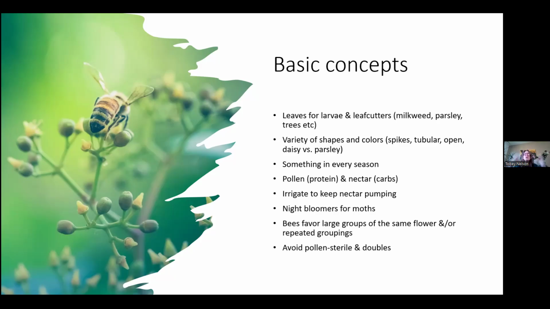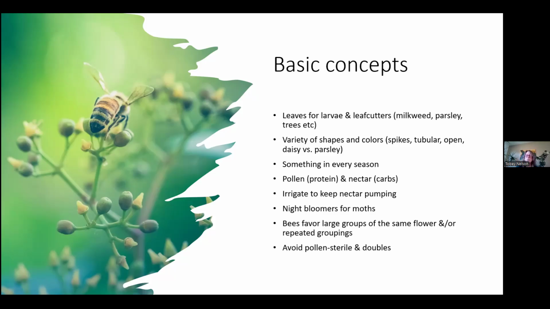So use some of those ornamentals to bridge the gaps when your native plants are not in flower, and or explore a bigger range of native plants. I think we can do better in including a greater variety of natives in our gardens, but I think we also don't need to feel guilty about including some non-natives as long as we're not planting invasive plants, so that every day of the year there's something for someone to eat, and stop those hunger gaps.